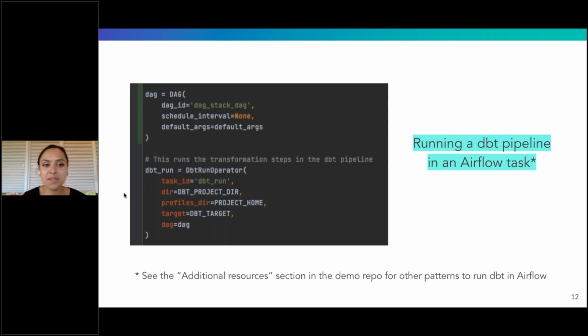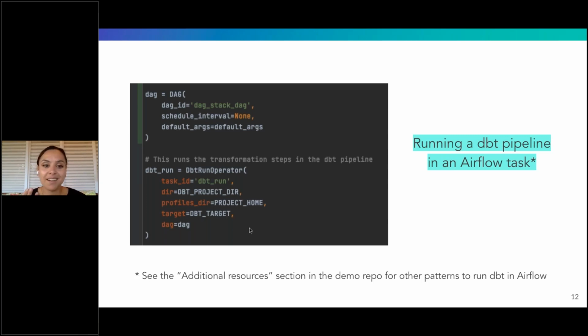So just in terms of if you haven't seen an Airflow DAG yet, this is a really small snippet of what a DAG file could look like. This is just a Python script where you define your DAG, you give it an ID, and then you can run tasks. You define each individual task using what are called operators. And you have, again, bash operators, Python operators. You can have a DBT operator.